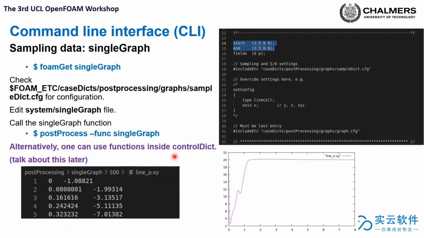Finally, it will give me this output with the data on this line, and I can also plot it with GNU plot or any other plot tools to get the data distribution along this line.